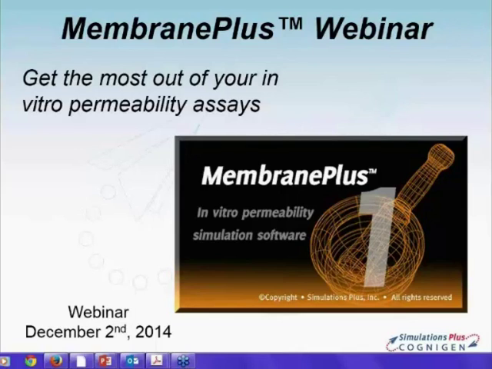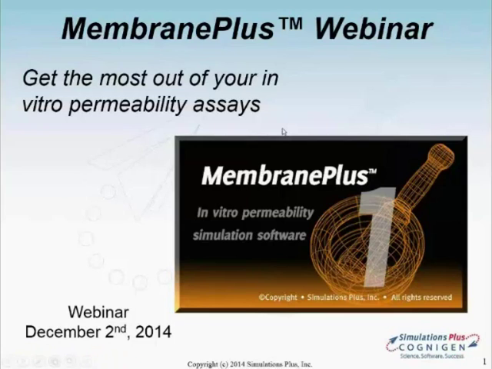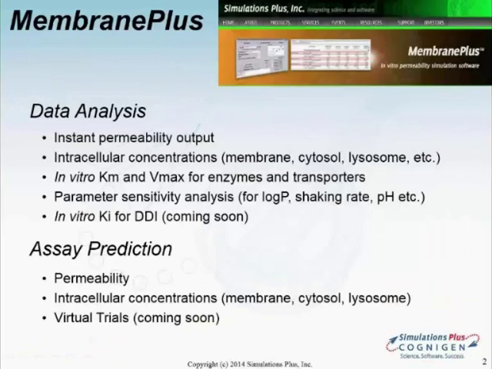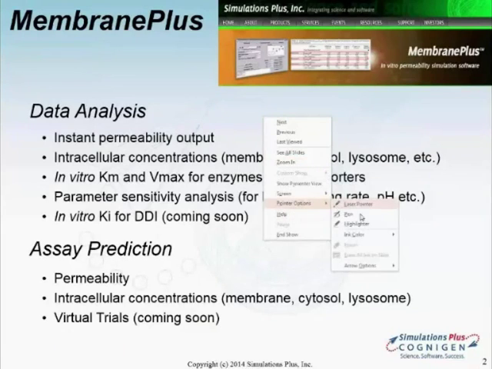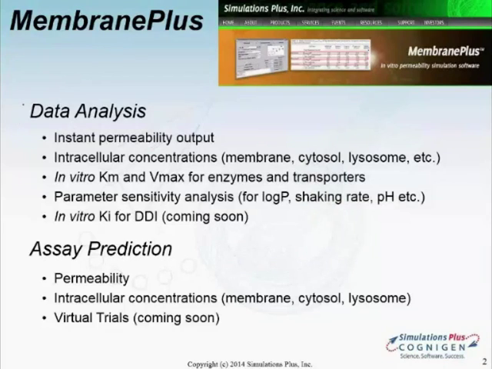MembranePlus is really focused on in vitro permeability assays. And in these initial stages, it will probably be more of a data analysis tool, helping you figure out what is happening with the compound in your in vitro permeability assays, maybe trying to deconvolute some of the parameters like in vitro Km and Vmax values, especially the in vitro Km values for efflux transporters, which may be valuable outputs for in vivo simulations.